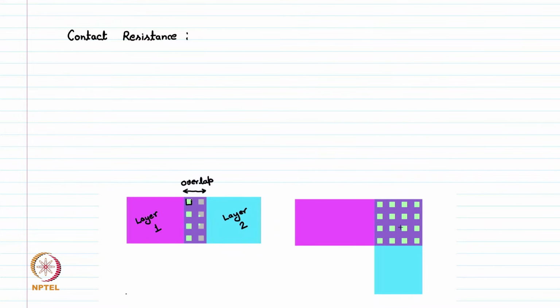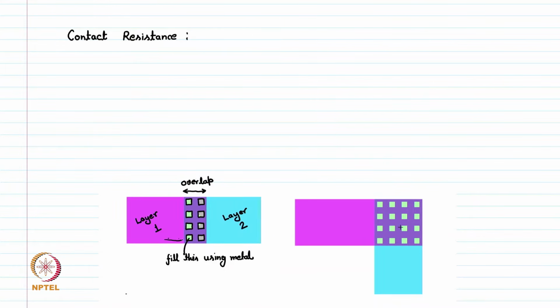For example, this is the hole we make using etching, and once this hole is there, we fill this hole or this gap in between these two layers using some metals, so that there is a contact between layer 1 and layer 2 through this contact.